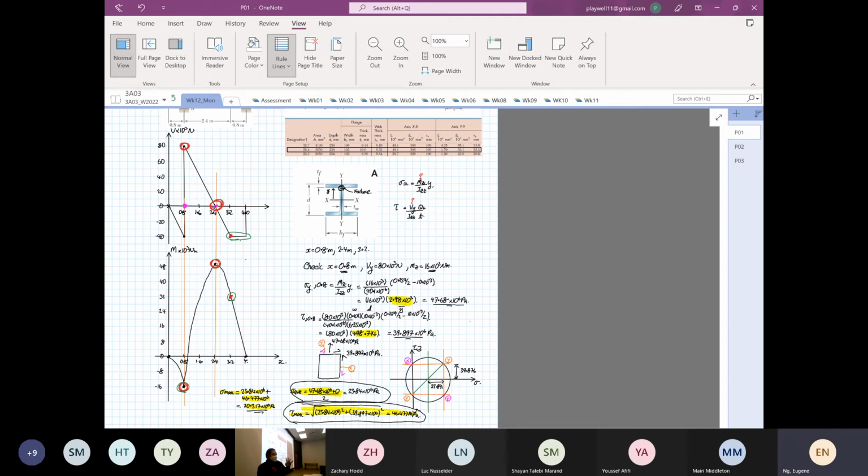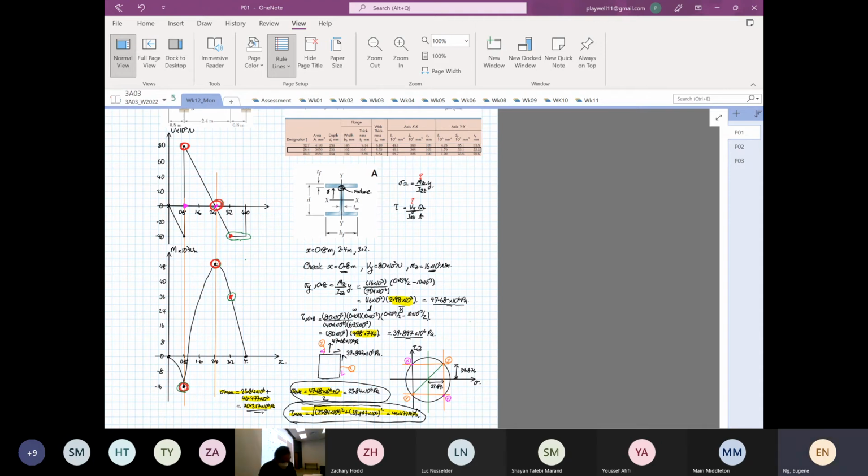I did not know where the maximum stress will occur. We will only know that fracture will occur at the interface of the flange and the web.